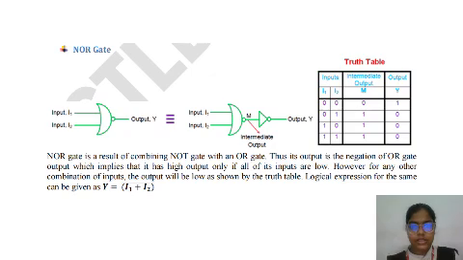Thus its output is the negation of the OR gate output, which implies that its output is high only if all of its inputs are low. For any other combination of inputs, the output will be low, as shown by the truth table. The logical expression for the same is y = (I1 + I2) complement. This is the NOR gate.